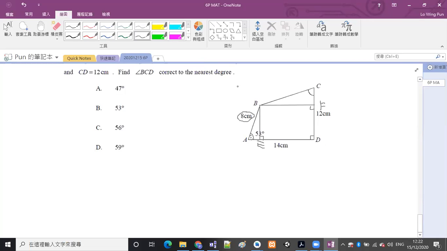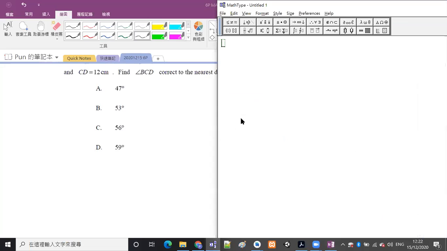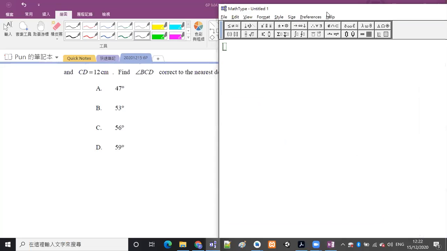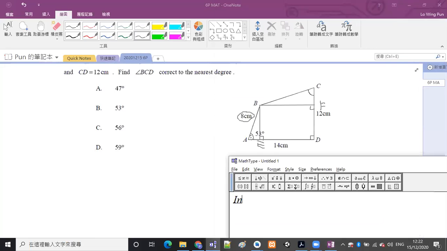In triangle ABE, sine 53 degrees is equal to opposite side, that is BE, over hypotenuse, which means that BE is equal to 8 sine 53 degrees.